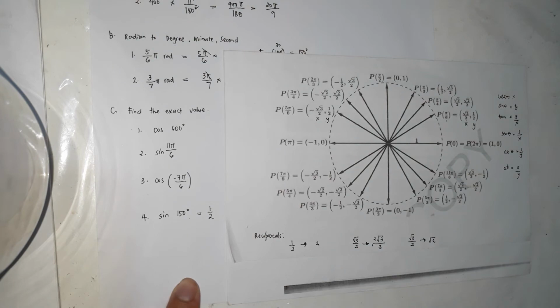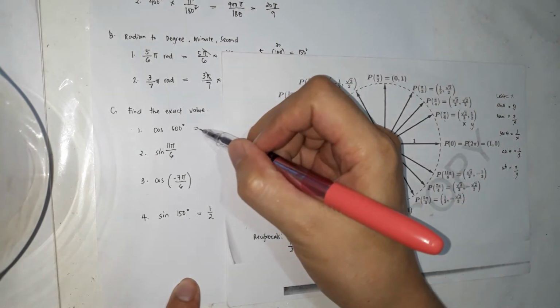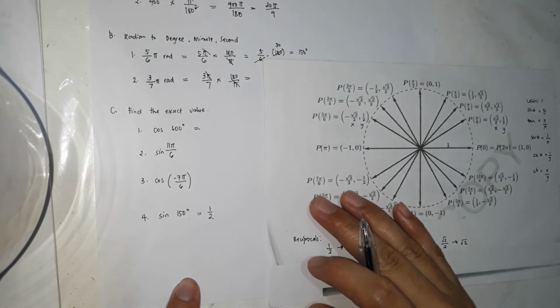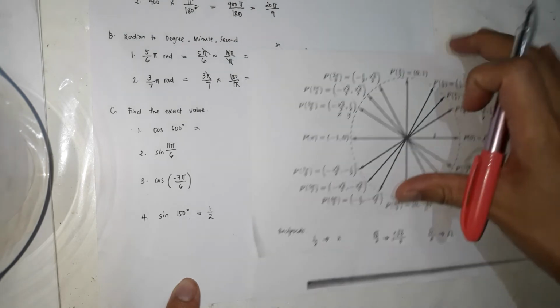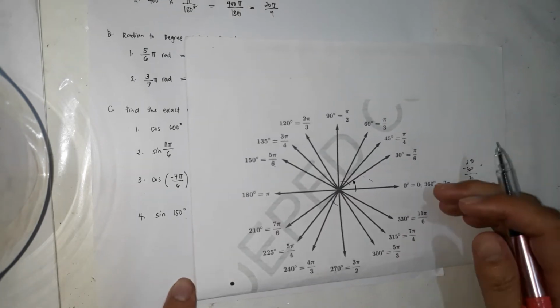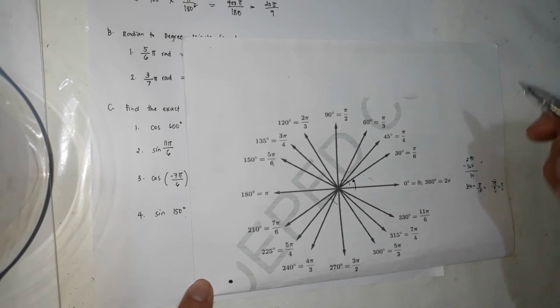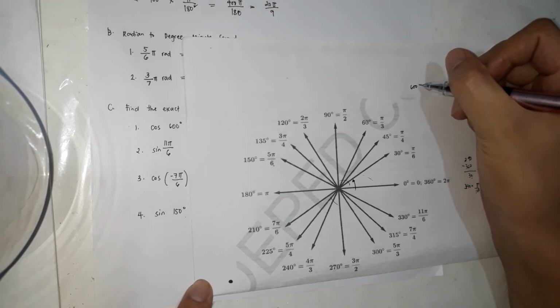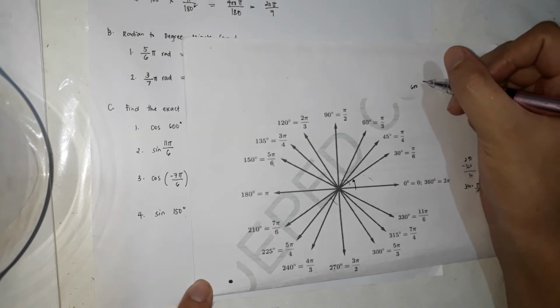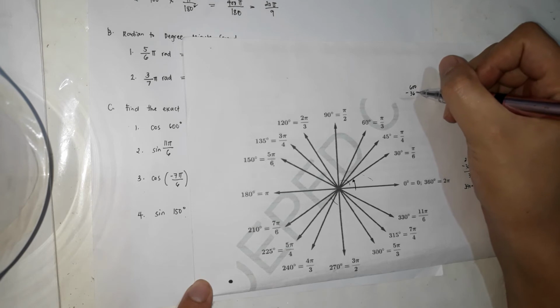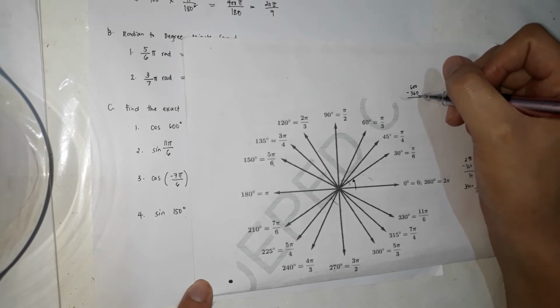Next, cosine 600 degrees. The circle only goes up to 360 degrees. So what is 600 degrees? For you to know, you're going to subtract 360.